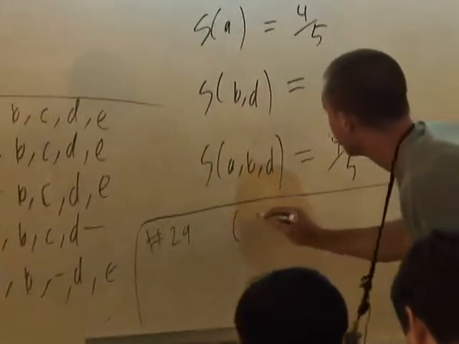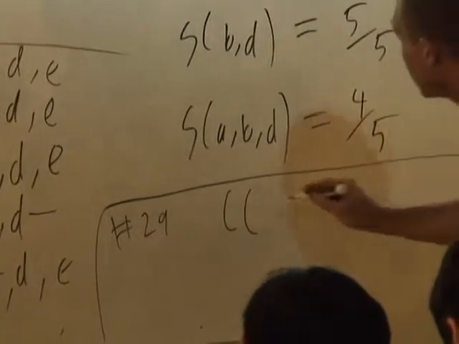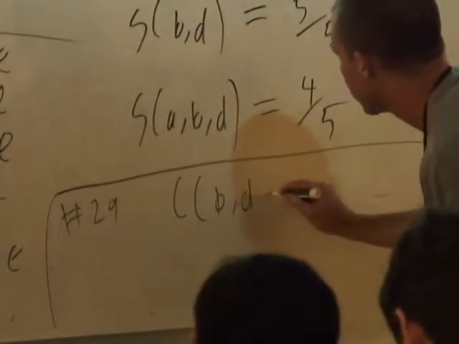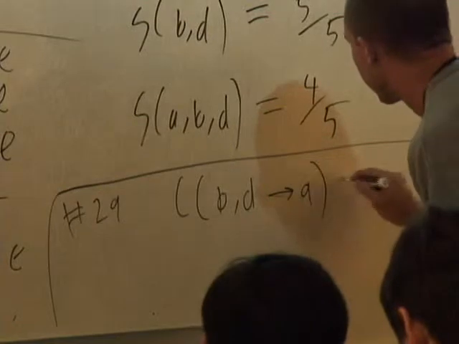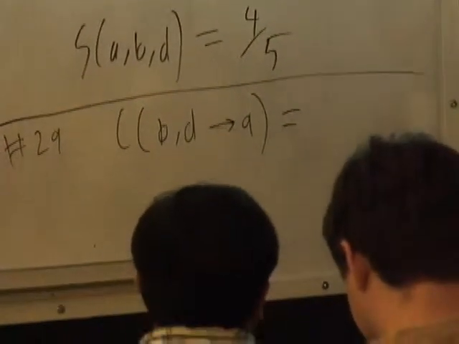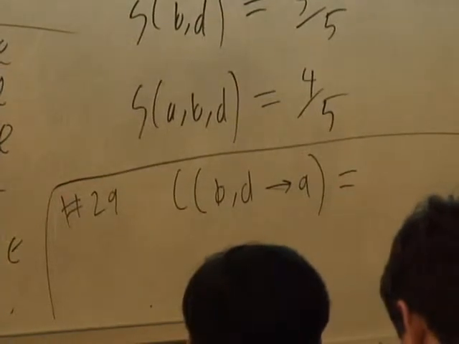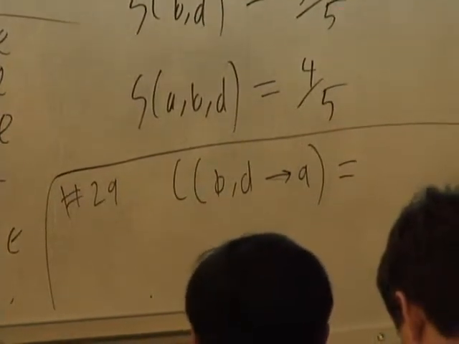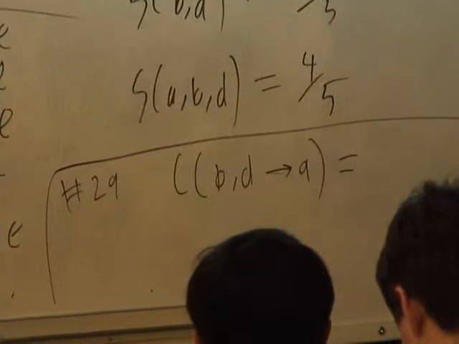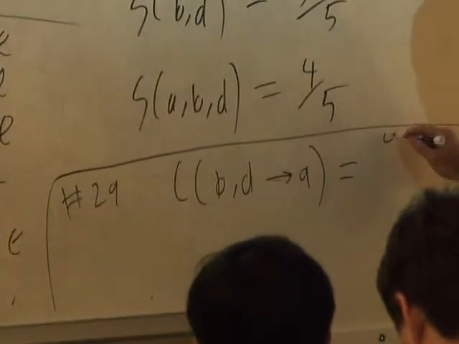The confidence for BD implies A. I'll mention that the notation here and in the book is sort of sloppy, so sometimes I'll write set notation, sometimes I won't. But this is the confidence for BD implies A. On top, I put the ABD triple, which is 4 out of 5.